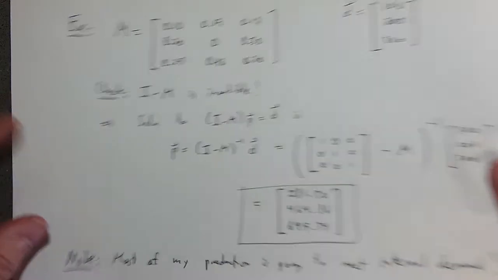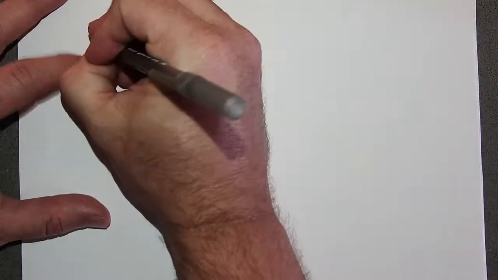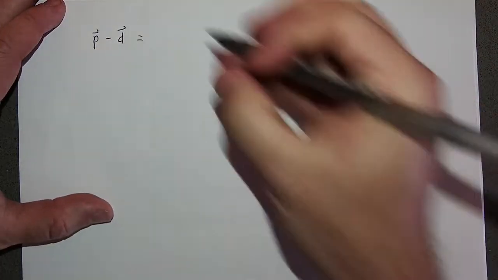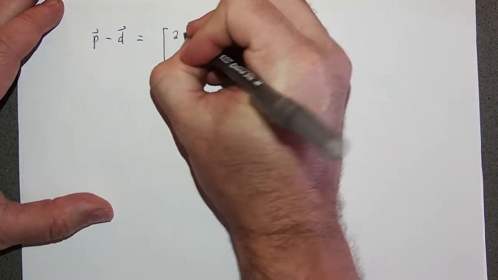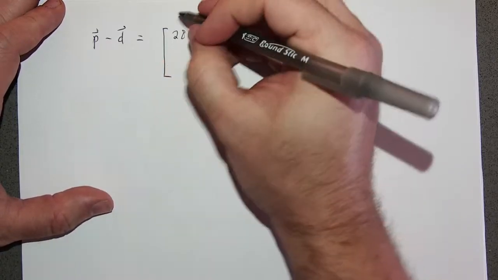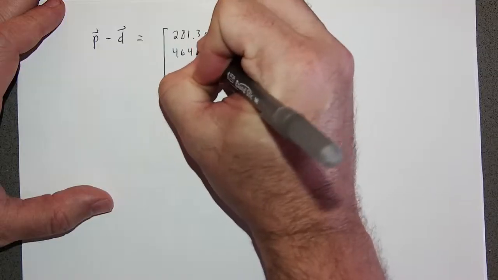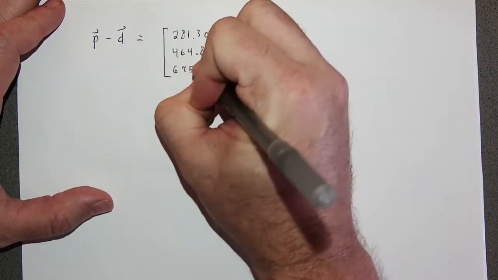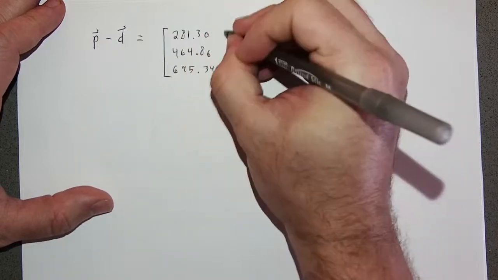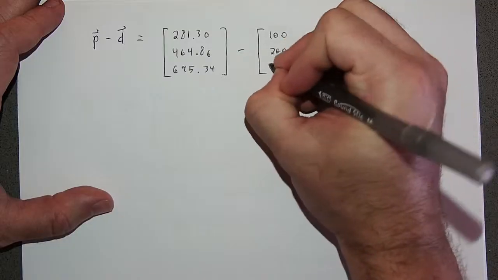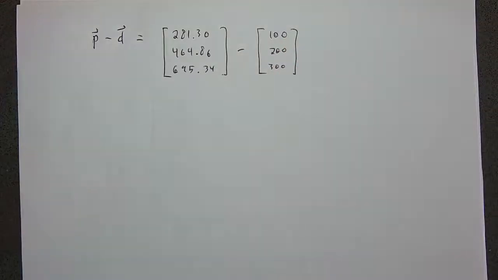So note that P minus D for this example is that vector I just found, P, 281.30, 464.86, 695.34, minus my external demand vector D, which is just 100, 200, 300.